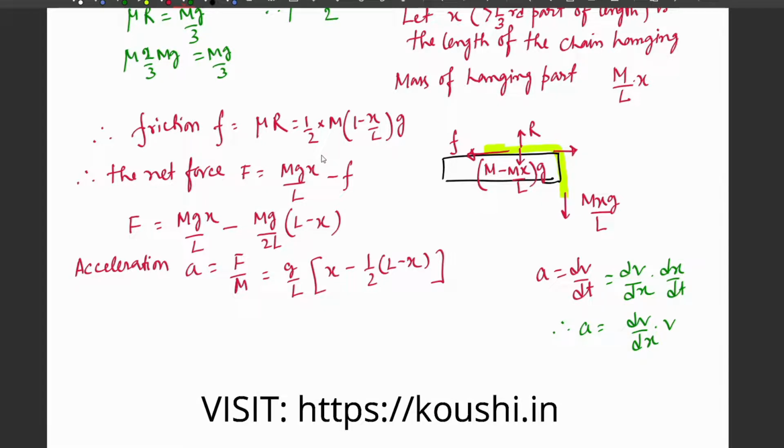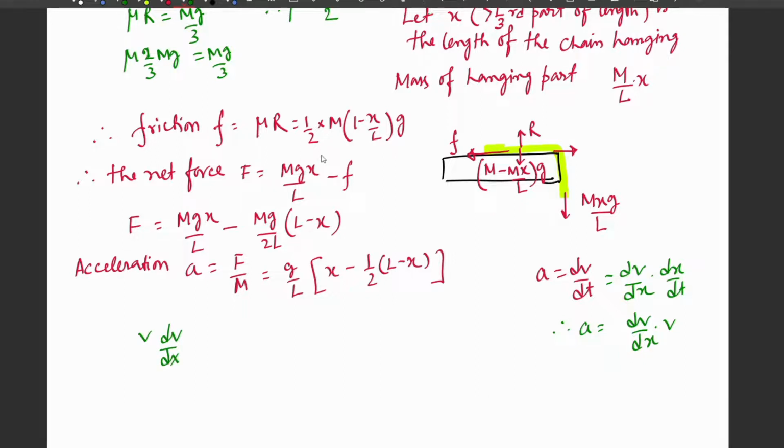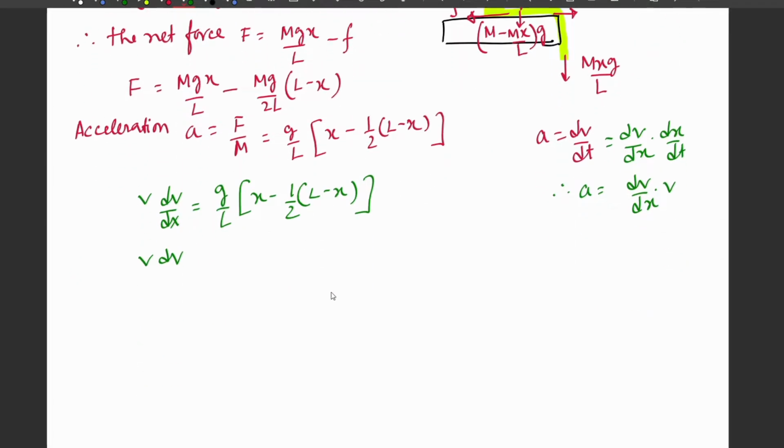Therefore acceleration is v dv dx, which is equal to g by l into x minus half of l minus x. Therefore v dv is g by l into x minus half of l minus x dx.